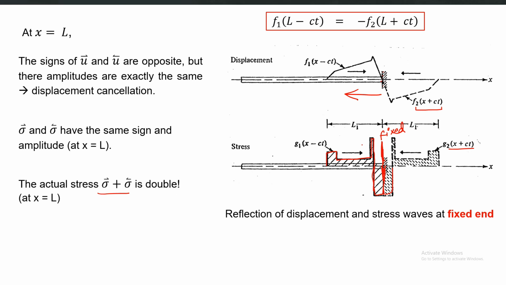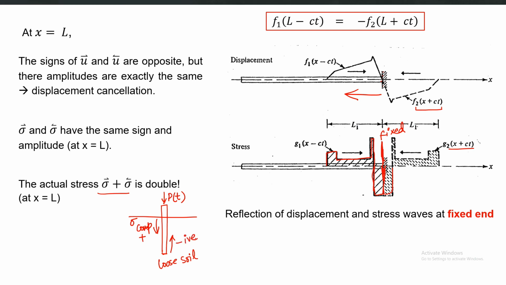So in the free case, I wanted to tell you one thing for the practical application. For example, if you have a pile which is resting on very loose soil, and let's say that it is the same as the free end case, and you apply a P of T, which is the drop hammer. We know that if the incident wave is a compressive wave, if it is positive, the reflected wave of stress will be negative in that case.